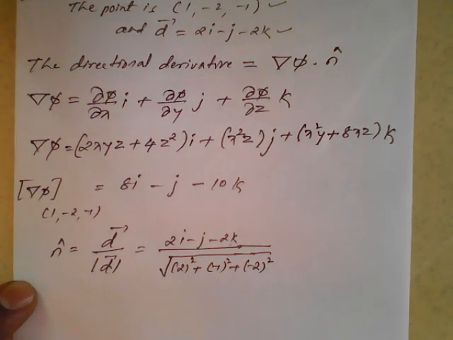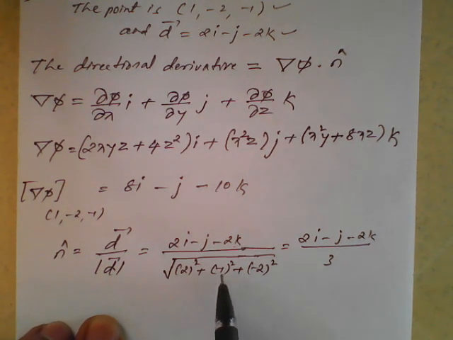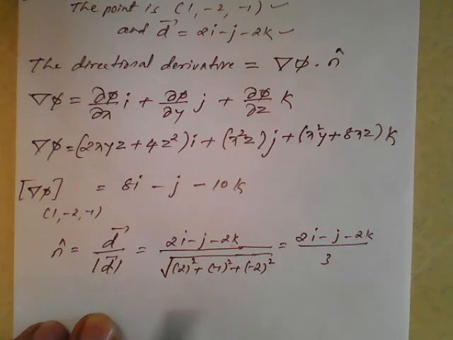On simplification, the square root of 2 square is 4, 1 square is 1, 2 square is 4, so 4 plus 4 is 8, 8 plus 1 is 9, and the square root of 9 is 3. So we got n cap.